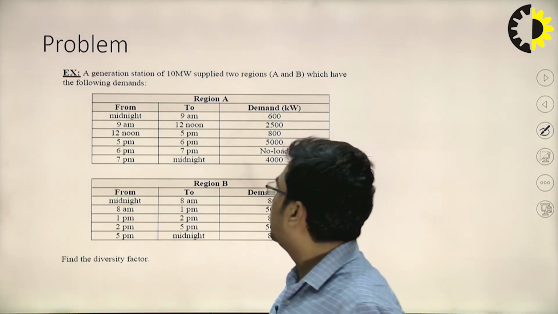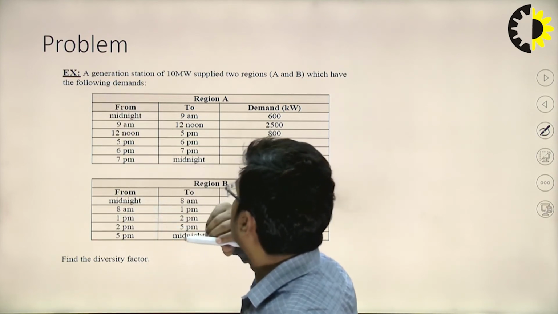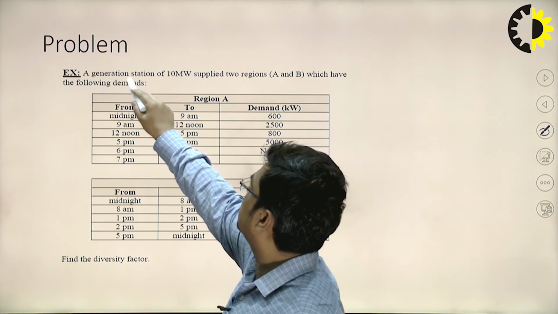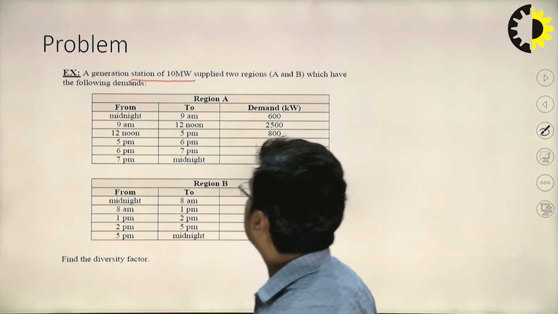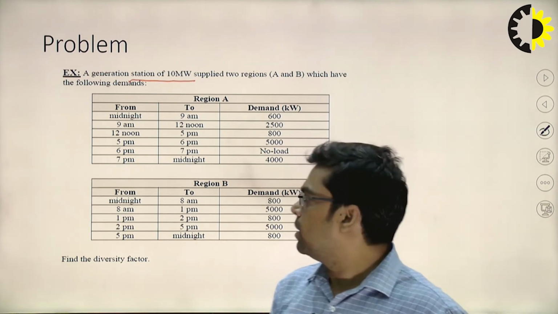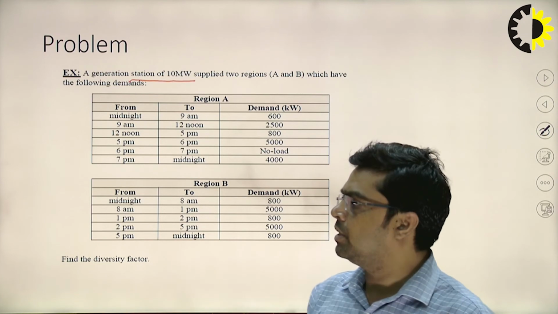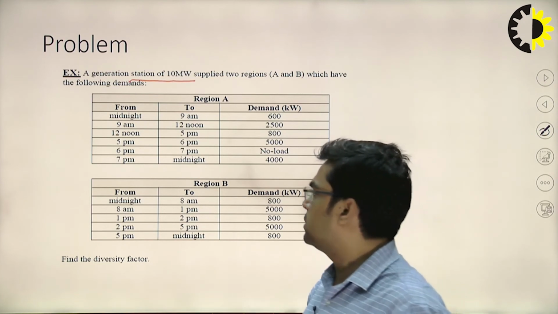This is another problem, the third problem. In this problem, the generation station has a capacity of 10 megawatt, and this 10 megawatt has to be supplied to two regions, let's suppose a southern region and an eastern region.